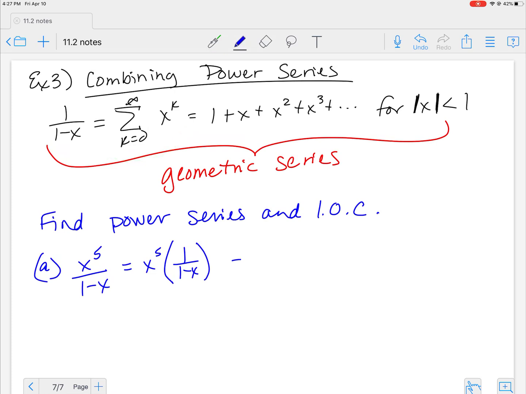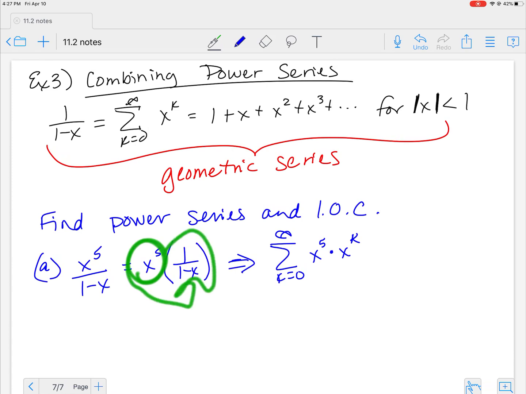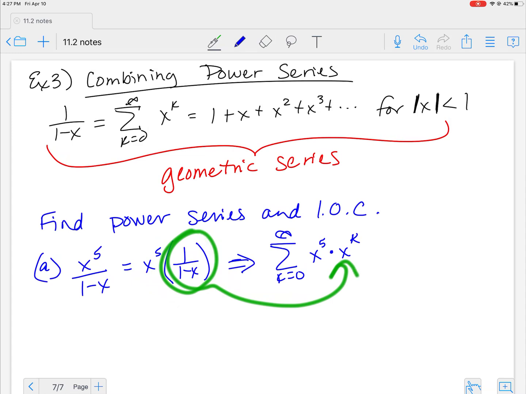So what we actually have is my series going from 0 to infinity of x to the 5th here times this x to the k. So my x to the 5th, because that's what's multiplied by, this can be represented in this series format by this x to the k.